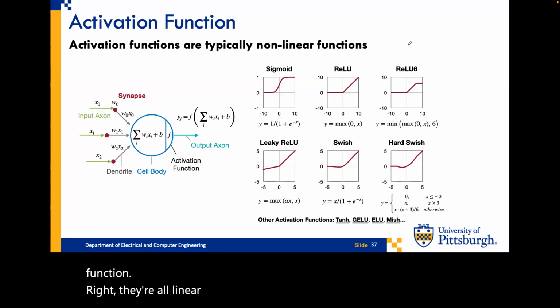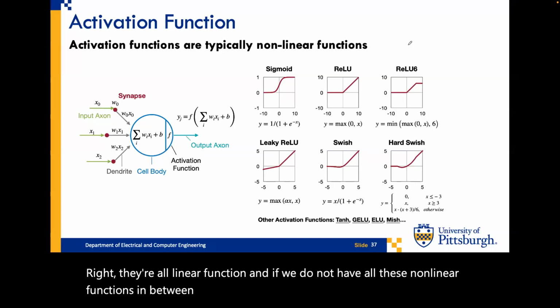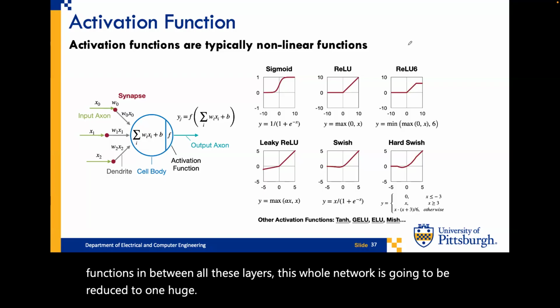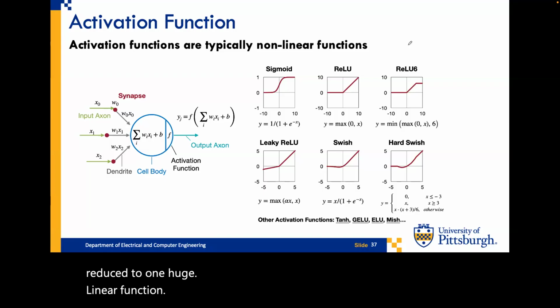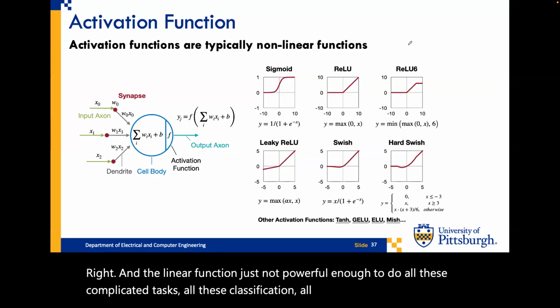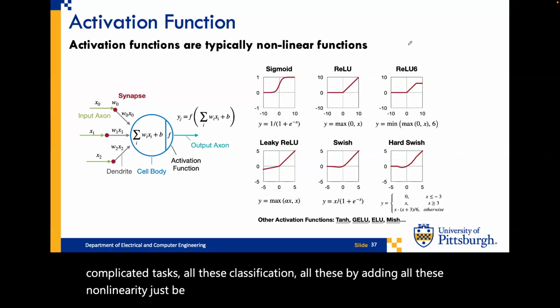If we do not have all these nonlinear functions in between all these layers, this whole network is going to be reduced to one huge linear function. And a linear function is just not powerful enough to do all these complicated tasks, all this classification. By adding all this nonlinearity, the network is more powerful to do all these complicated tasks.